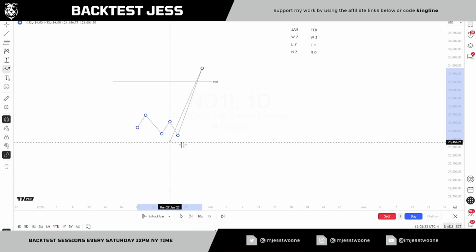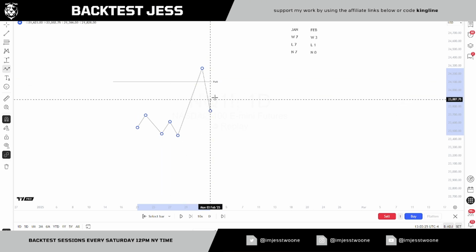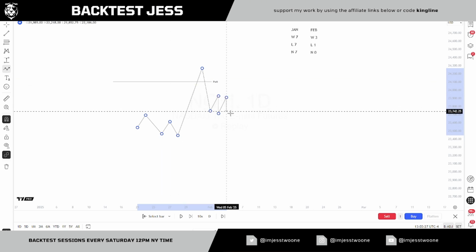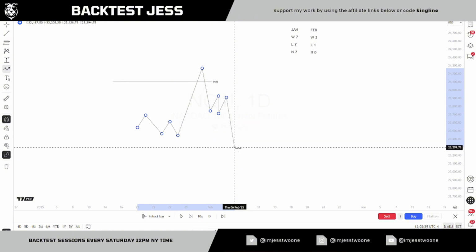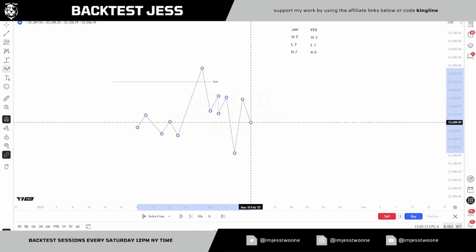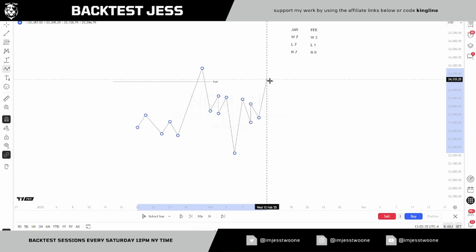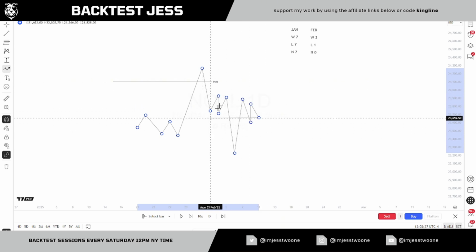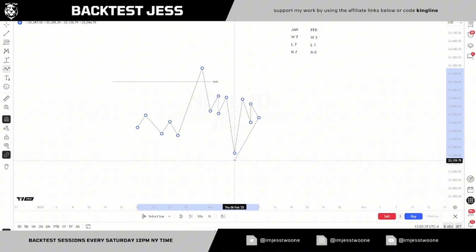Then it comes back into the range, or it's slowly dying, and then London comes and sweeps out Asia. By the time we get to New York, you're kind of hovering in no man's land. We've already taken previous day high. We haven't broken lower. We swept the lows, and we're in the middle of the range.